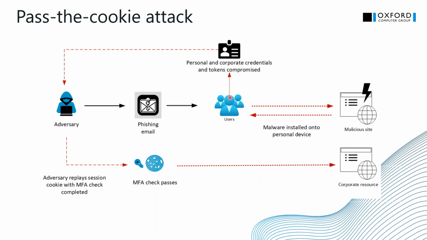That user is using a browser session where they may have logged in to check their Gmail account, but they're also checking their corporate resources that's using Entra ID, giving them access to applications, and now they've been able to steal that entire session cookie and gain access to those corporate resources.